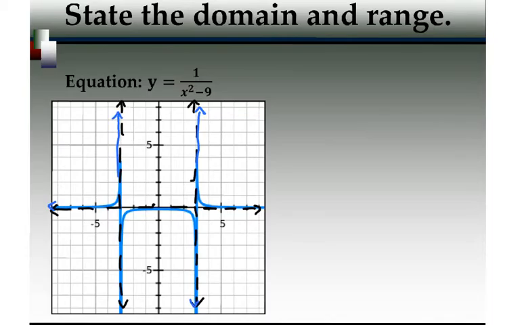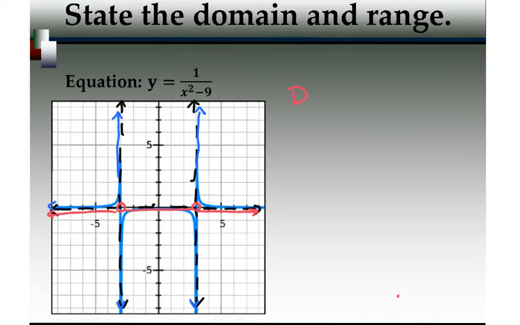So how we're going to state this is the domain for this function. You can see that it covers the entire x-axis except for at this point and at this point. So those are the points that we're going to exclude.